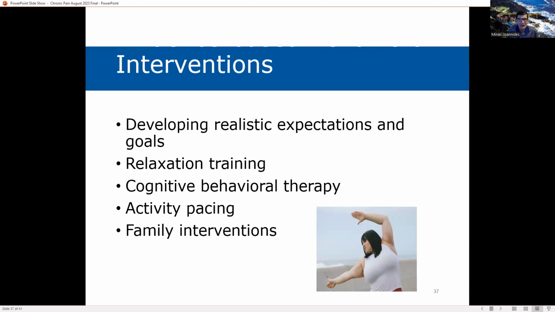What are interventions that people can take, actions in order to help with achieving an opioid-free treatment program for chronic pain? So realistic expectations and goals, relaxation training, cognitive behavioral therapy, abbreviated CBT, if you see that in an APS, activity pacing, and then family interventions to help the person improve.